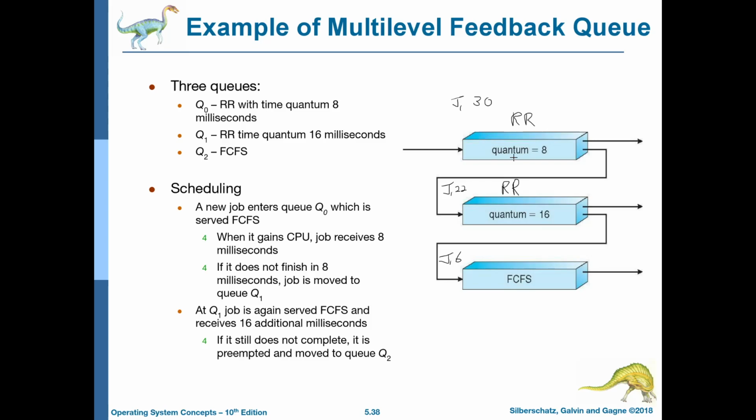Once all of these queues are empty, then the first come first serve may operate on this, at which point it will run to completion, because remember, first come first serve is non-preemptive, and it will end up with 0 milliseconds when it's done with that queue.